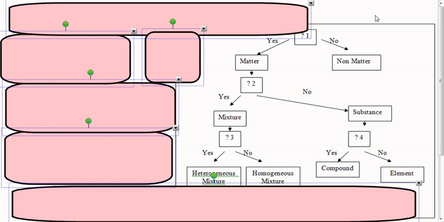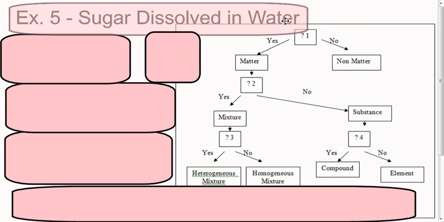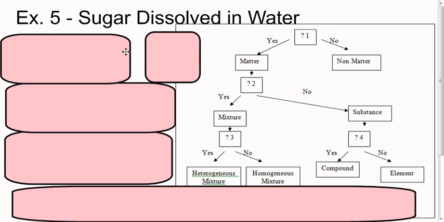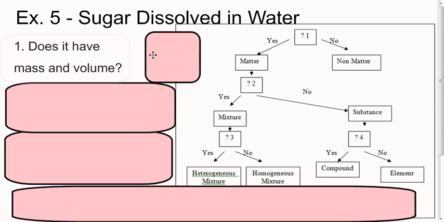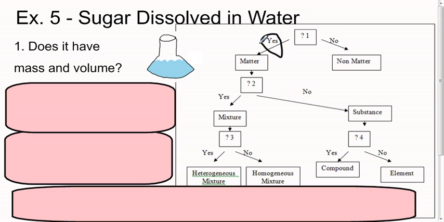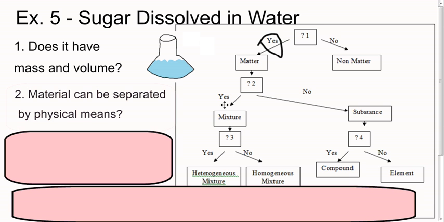And our final example is sugar dissolved in water. Does sugar dissolved in water have a mass and a volume? The answer to that is yes. The next question is, can it be separated by physical means? The answer to that is yes.